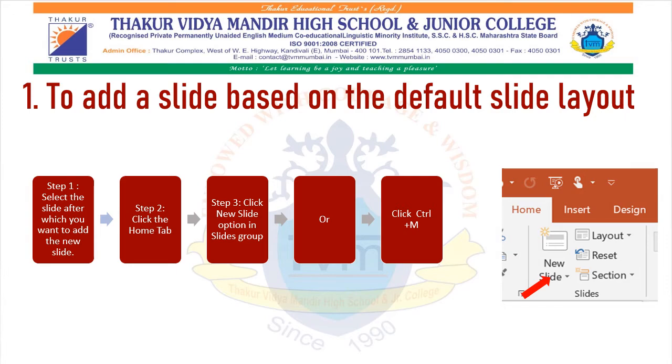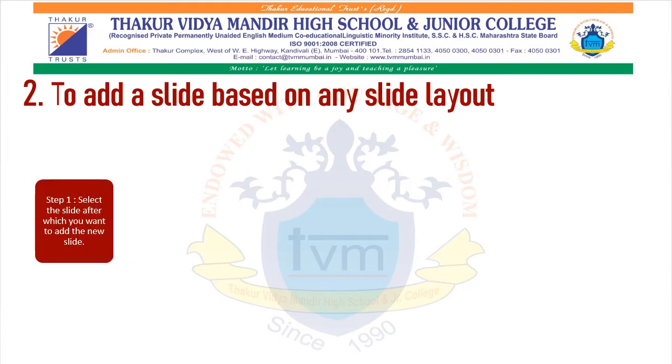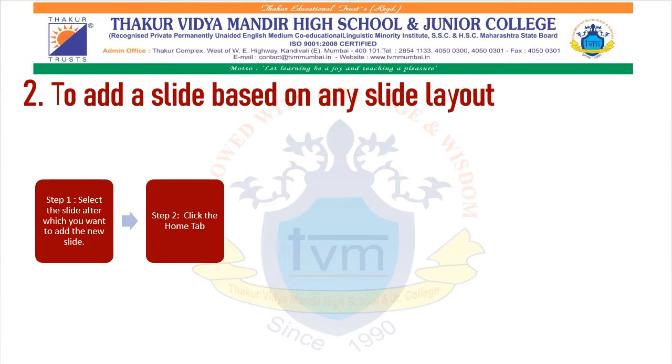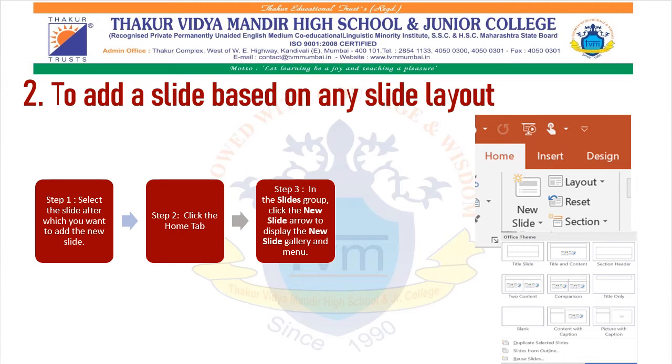The second way to add a new slide is to add a slide based on any slide layout. Let us see the steps. First, select the slide after which you want to add the new slide. Second, click on the Home tab. Third, in the Slide group, click the New Slide arrow to display the new slide gallery and menu.